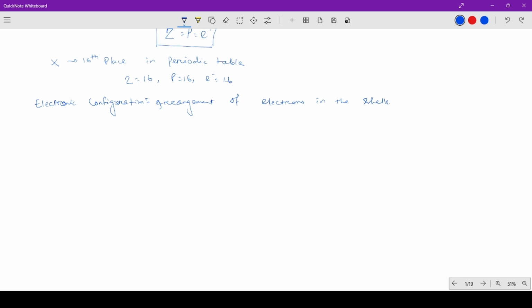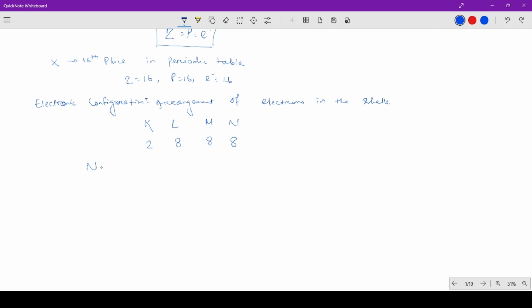Arrangement of electrons in the shells. And generally the elements up to atomic number 20 have four shells like K, L, M, and N. So K shell can maximum accommodate 2 electrons, L shell 8 electrons, M shell 8 electrons, and N shell 8 electrons, right?